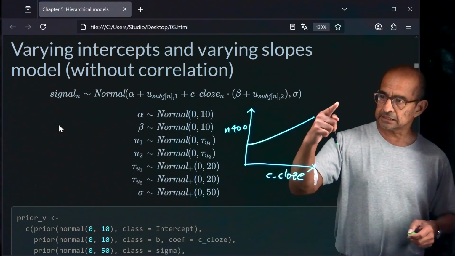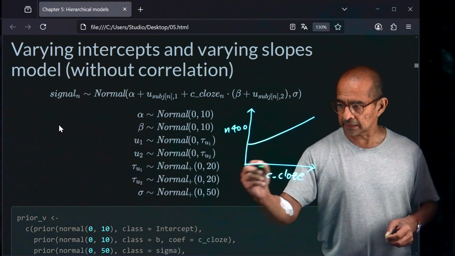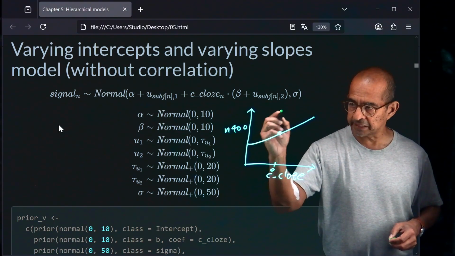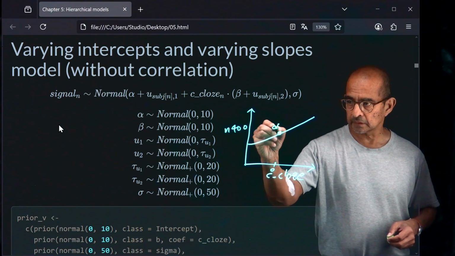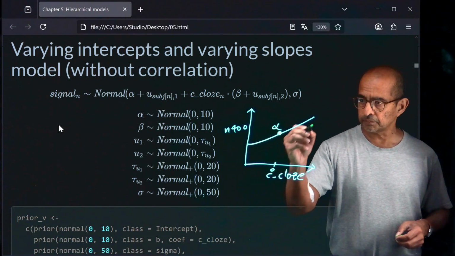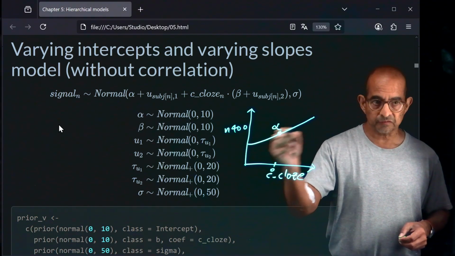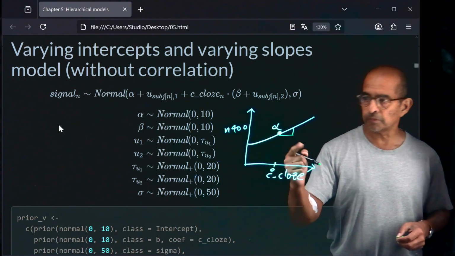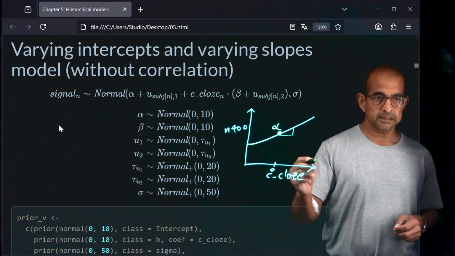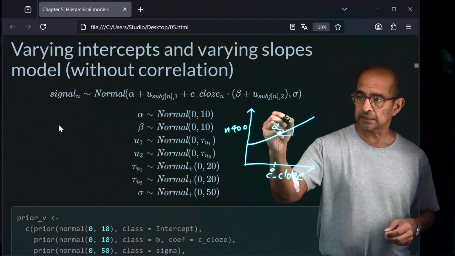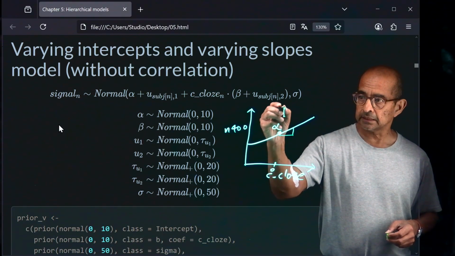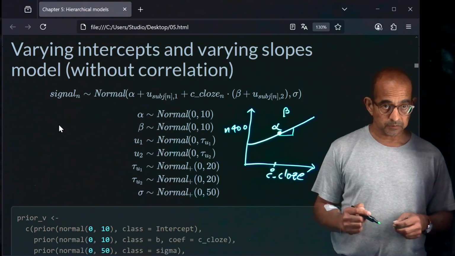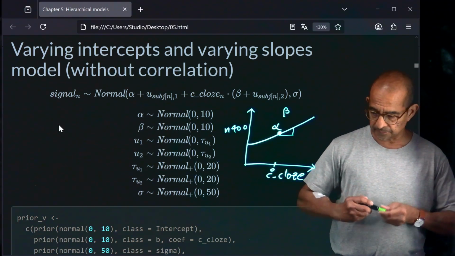This is one intercept, right? If this is the 0 value for close, this represents the grand mean intercept alpha, and the slope of this line, which is what our beta parameter is, is the estimate from the fixed effects model. That was our fixed effects model.